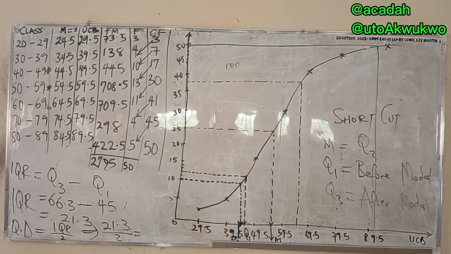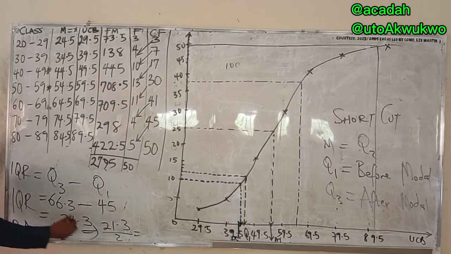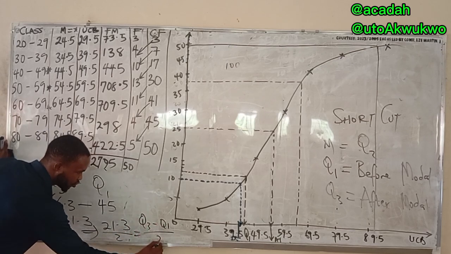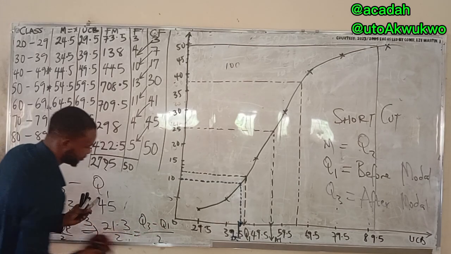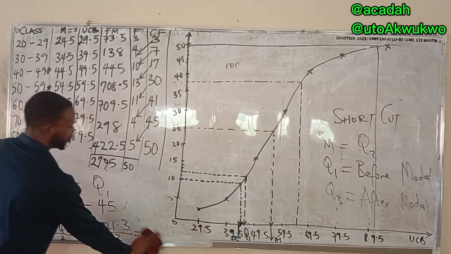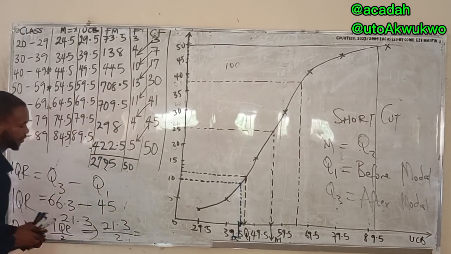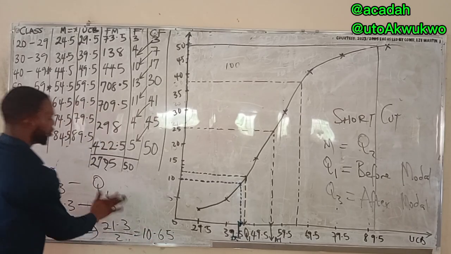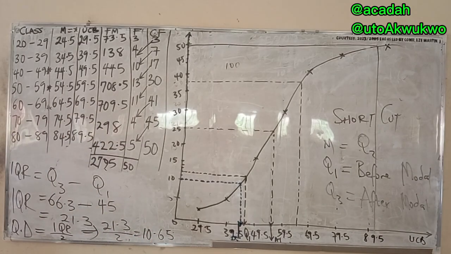Interquartile range is simply Q3 minus Q1, that is upper quartile minus lower quartile, while the semi-interquartile range, also called quartile deviation, is the interquartile range divided by 2. In some textbooks you see it as Q3 minus Q1 over 2, the same thing. So punch, what do you have? 10.65. So that is all for measures of location.